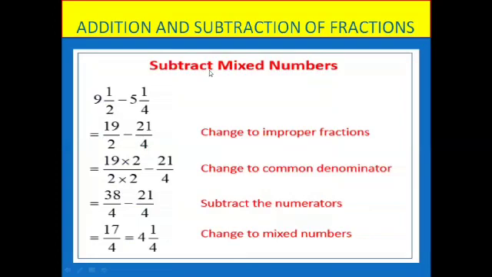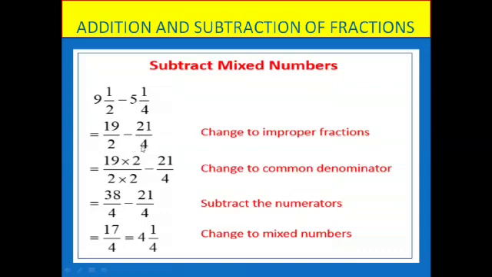Now, if we want to subtract mixed fractions, first of all we'll convert these mixed fractions into improper fractions. 9 whole 1 upon 2 can be written as 19 upon 2, and 5 whole 1 upon 4 can be written as 21 upon 4.